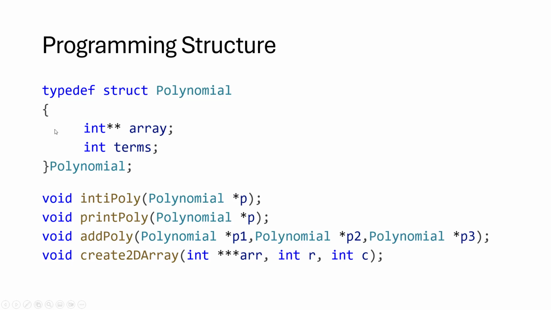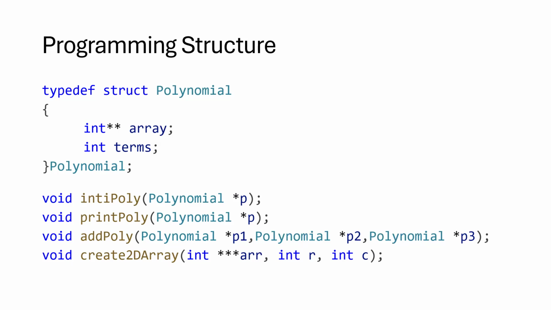So why not create a user-defined type that clubs these two things together? Why am I giving this information? Because when you implement this concept using the C programming language in your lab, you should follow a proper coding structure.